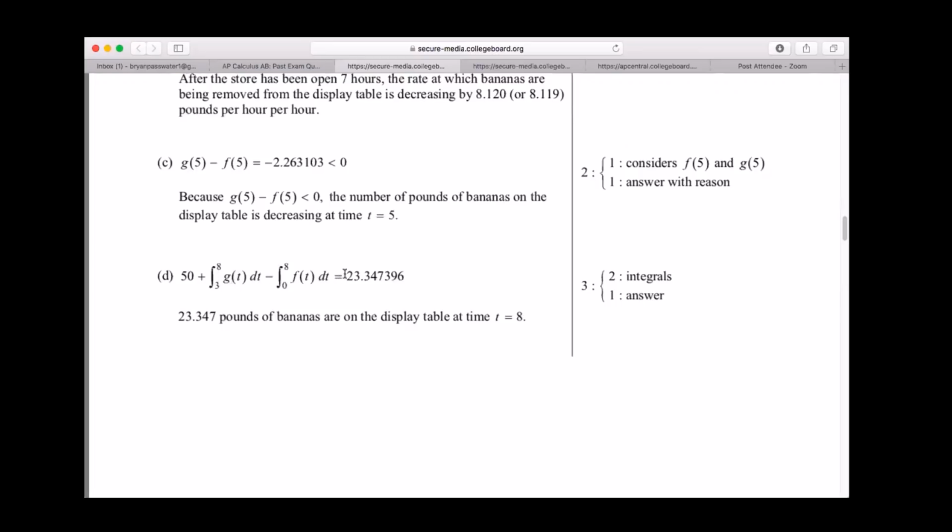And then 1 point for the final answer of 23.347396 or 23.347 if you rounded it to 3 decimal places. If you had combined these into one integral and you said 0 to 8 because you weren't thinking about it, you would have gotten one of those 2 points because you would have had one of them right technically, but then your answer would have been wrong, so you would have gotten a 1 out of 3.